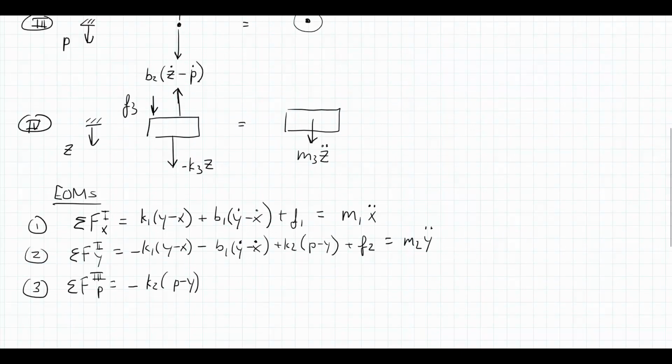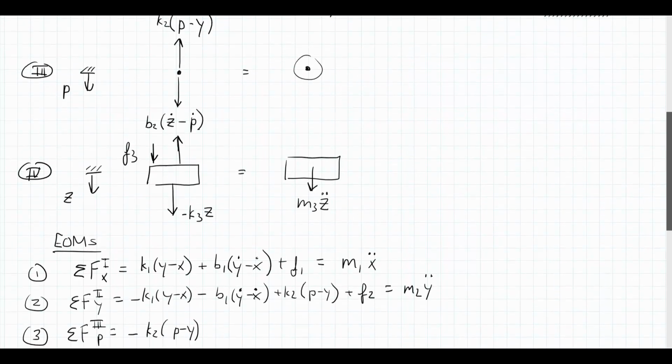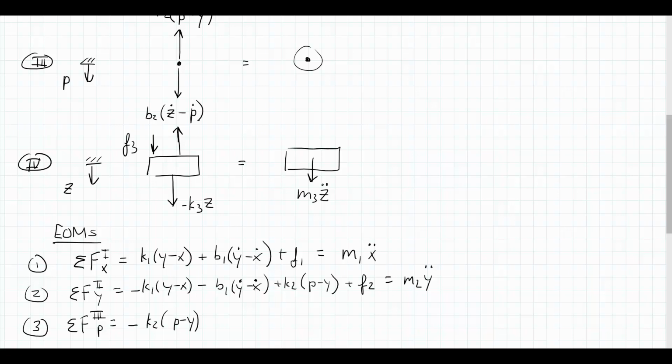But in the positive P direction, we are going to see that we have a positive B2 (Z dot minus P dot). And those are the only 2 forces acting on the node at P. And equals our right-hand side. We have no mass, so the right-hand side in this case is 0.